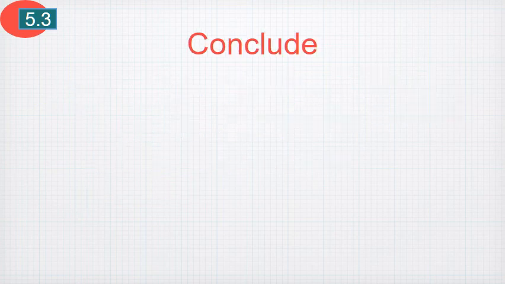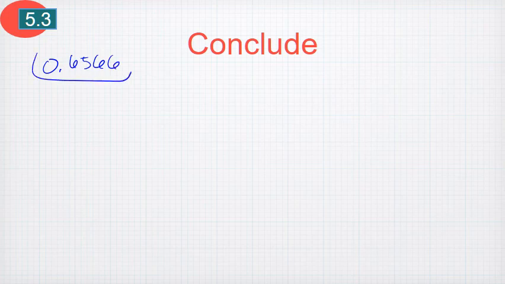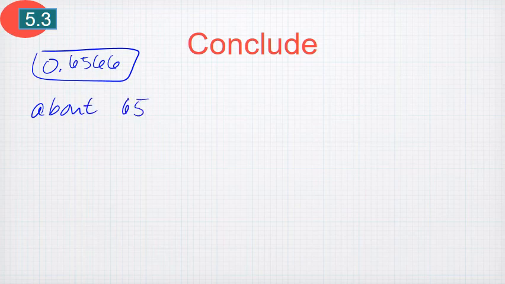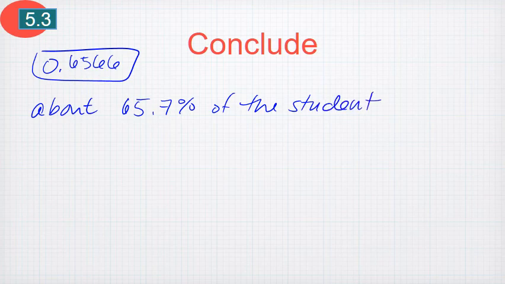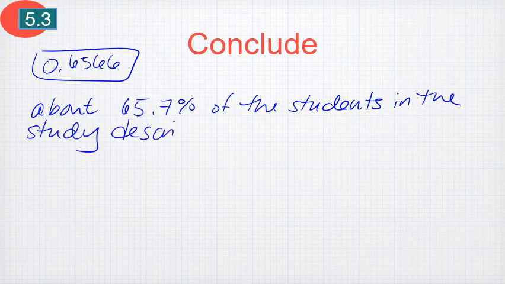Okay, now here comes the conclude part. I came up with my probability in the last problem, right? And we had a big talk about context. I can't just say, hey, here's my answer, boom. What I need to say is about 65.7% of the students in the study described their grades as good.